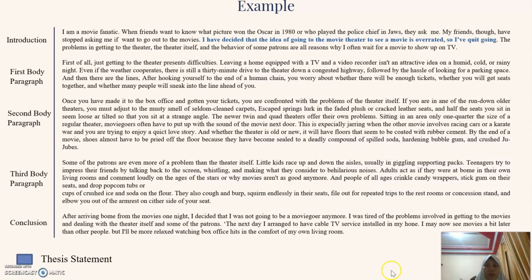So I will give you an example to understand the essay format. We can see the first paragraph is the introduction. In the introduction, there is a sentence with the color blue. A sentence with the color blue means this sentence is the thesis statement.